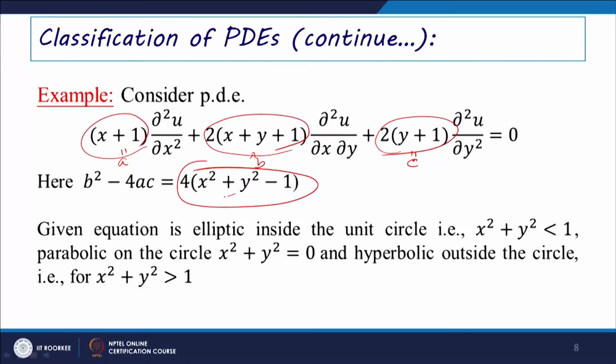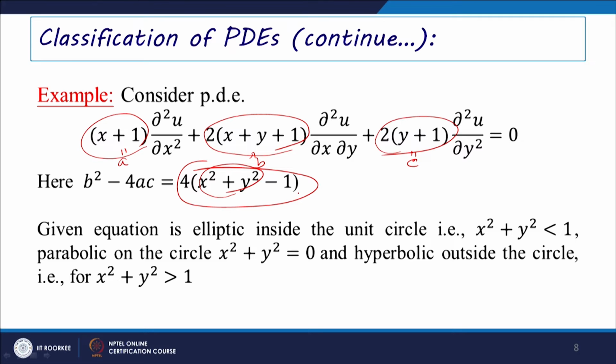Whenever x² + y² is less than 1, the whole expression takes a negative value. That is, the given equation is elliptic inside the unit circle, that is x² + y² less than 1, parabolic on the circle, that is x² + y² equals 1, and hyperbolic outside the circle for x² + y² greater than 1.